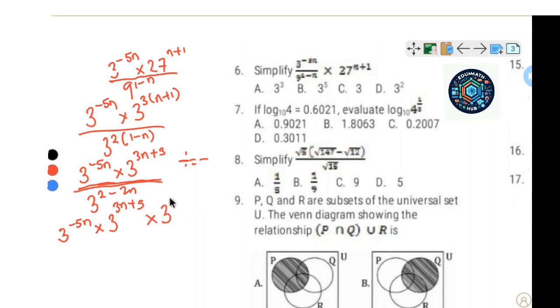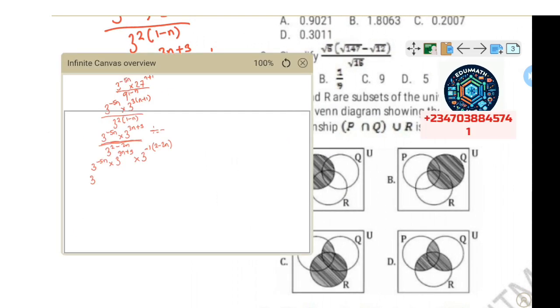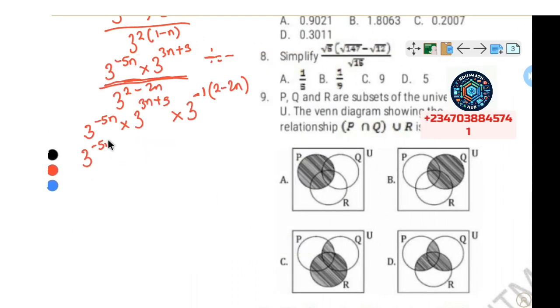That will be 3 to the power minus 1 in front here. Then this will be 2 minus 2n. So at the end of the day, it will give you 3 to the power minus 5n times 3 to the power 3n plus 3 times 3 to the power, then this minus goes into the bracket, so it will give you minus 2 plus 2n.